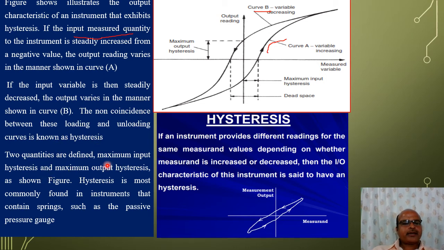Two quantities are defined: maximum input hysteresis and maximum output hysteresis. As shown in the figure, hysteresis is most commonly found in instruments that contain springs, such as a passive pressure gauge. We can also define hysteresis this way: if an instrument provides different readings for the same measured values depending on whether the measurand is increasing or decreasing, then the output characteristic of this instrument is said to have hysteresis.